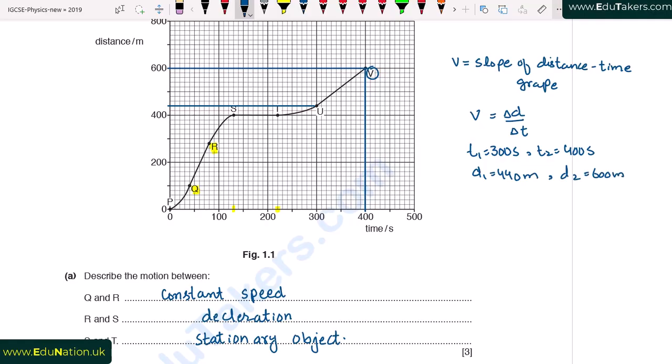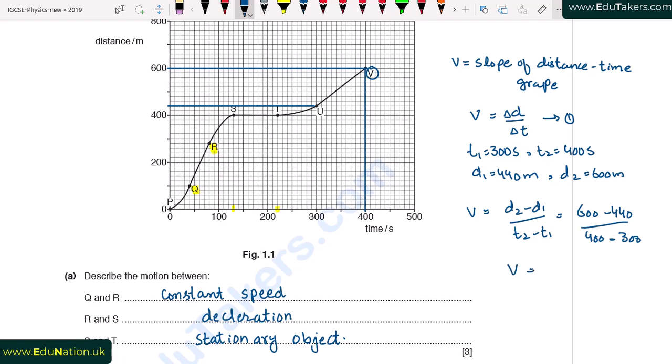Now we have to find out the slope by using this formula. I write here V will be equal to D2 minus D1 over T2 minus T1. So here D2 is 600 minus 440 divided by T2 is 400 minus 300.